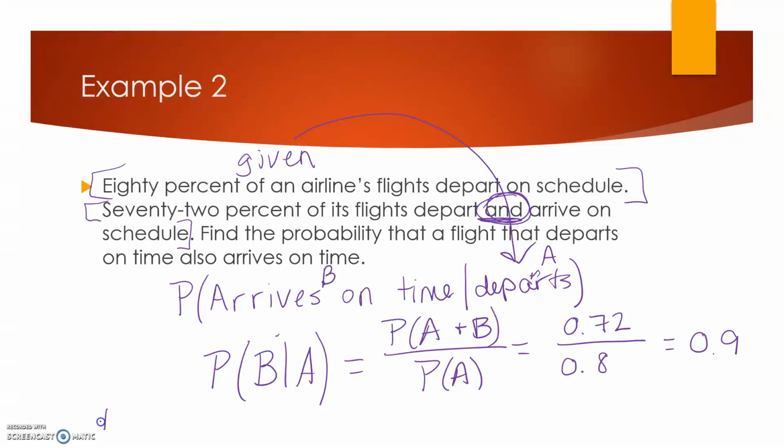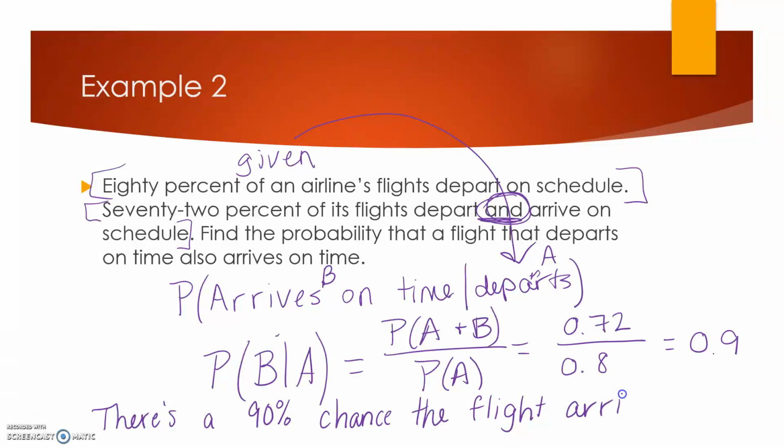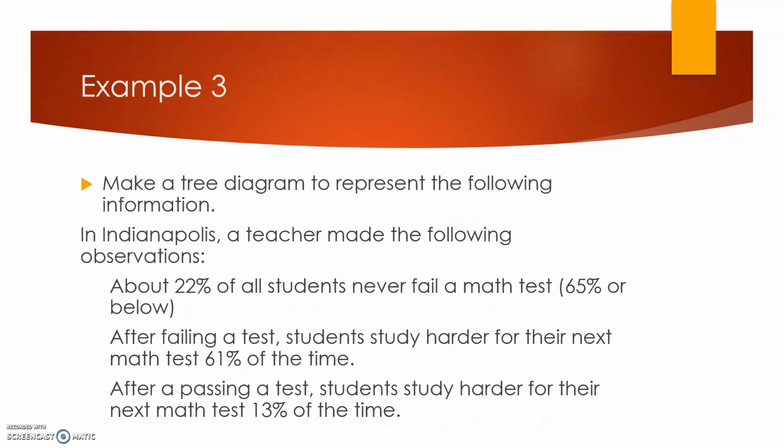So we could say there's a 90% chance the flight arrives on time. There you go.